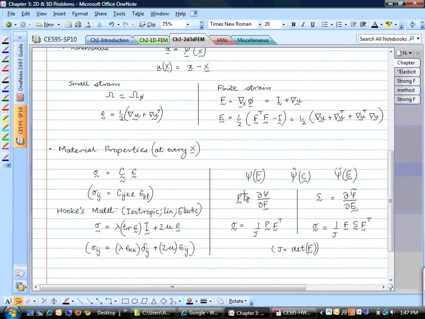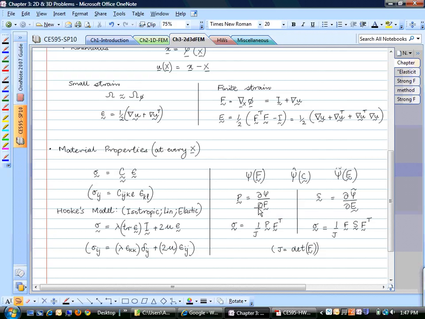Okay, and so a couple of different ways of deriving the stress from the strain in these hyperelastic materials is, first way is actually you can calculate something called the first Piola-Kirchhoff stress tensor, and that is just you take this scalar function, take its derivative with respect to F, that will give you P. And the important thing to note here is that P and F, they are what are called work conjugate, right?